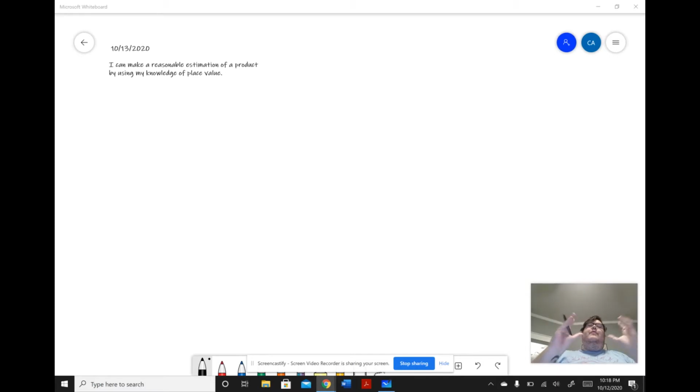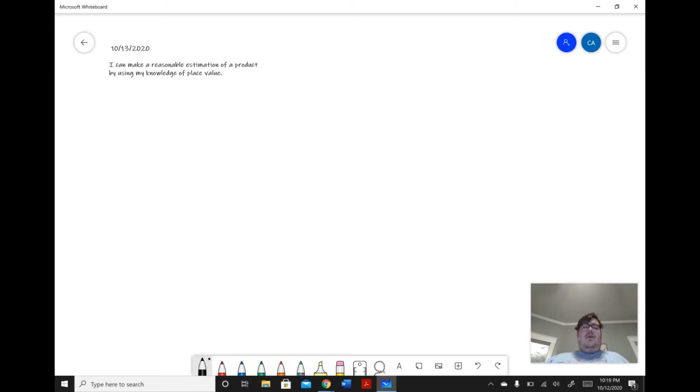So before we get started, let's look at our learning goal. Our learning goal for today says that I can make a reasonable estimation of a product by using my knowledge of place value. And this is a perfect scenario to try and figure this out.